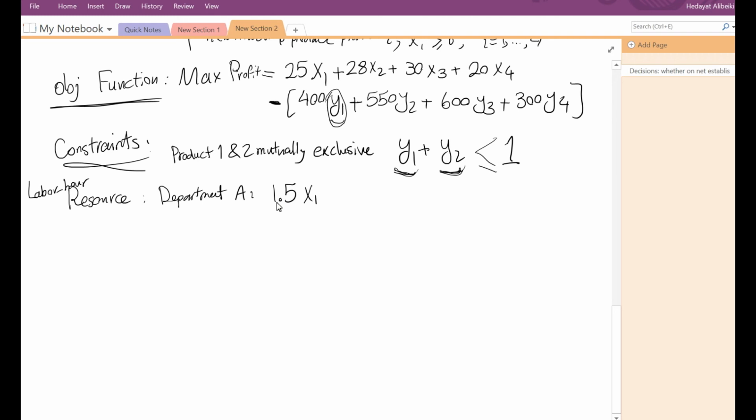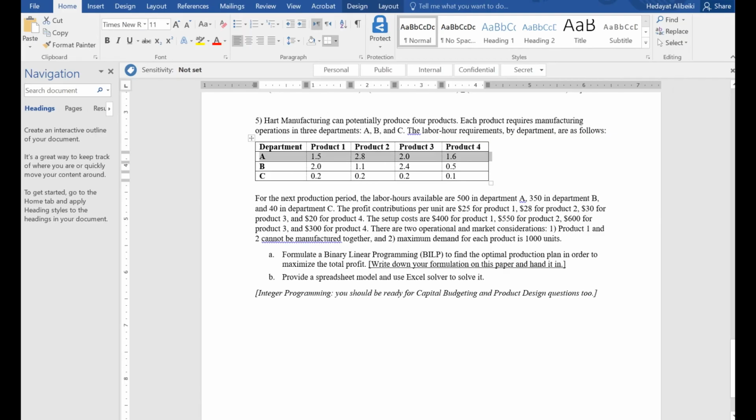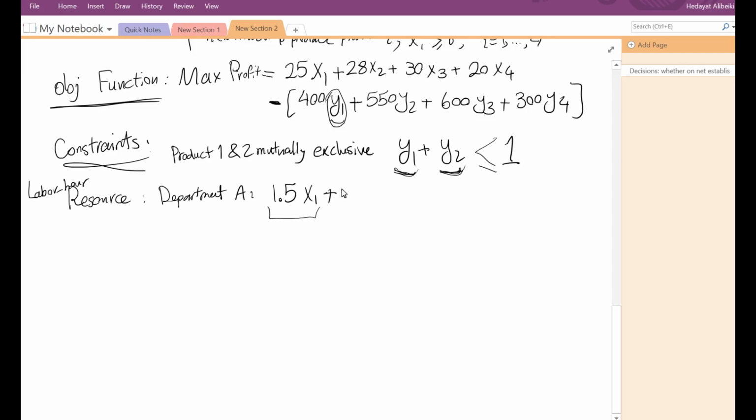This is the total amount of labor hours from department A that production of product 1 needs, plus 2.8 x2, plus 2 x3, plus 1.6 x4.